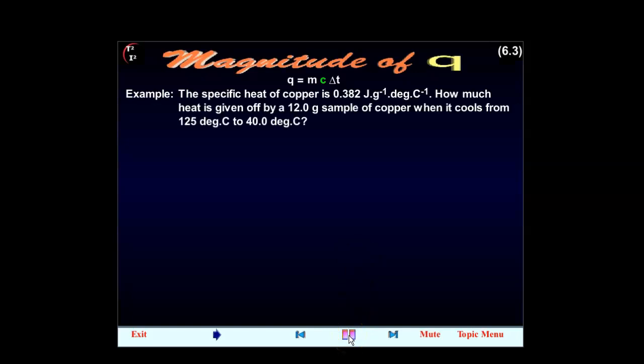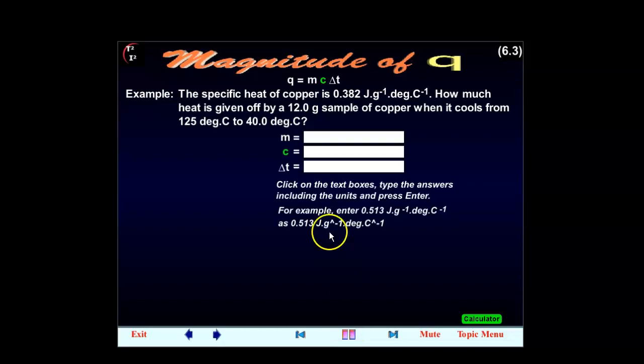Example. The specific heat of copper is 0.382 joules per gram per degree Celsius. How much heat is given off by a 12.0 gram sample of copper when it cools from 125 degrees Celsius to 40.0 degrees Celsius?